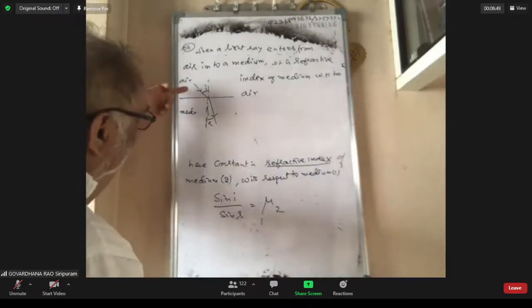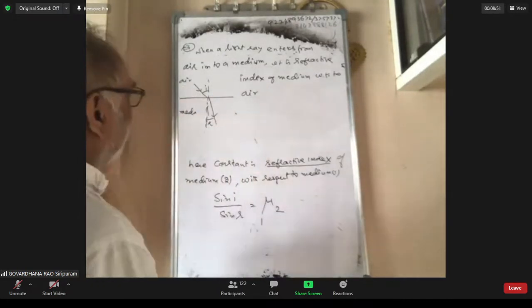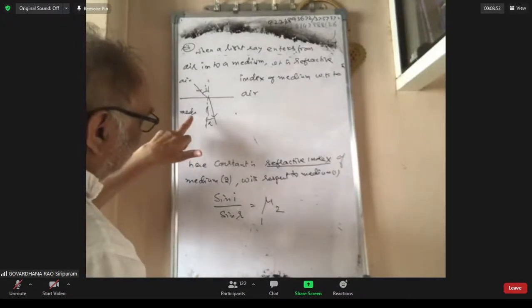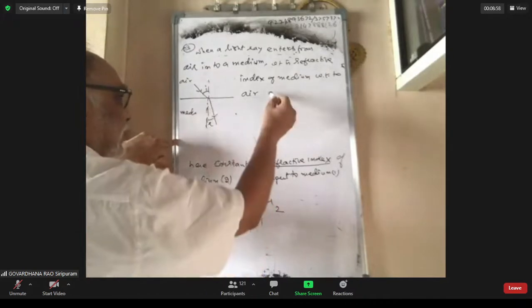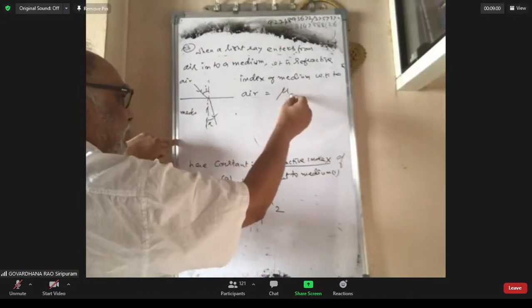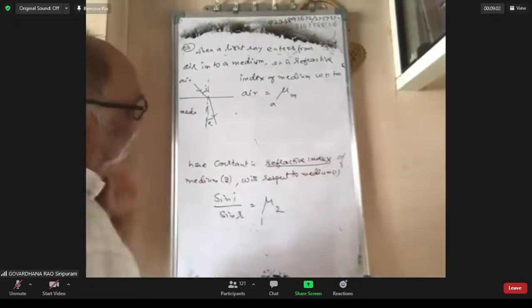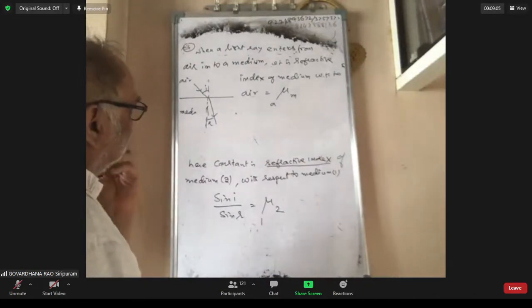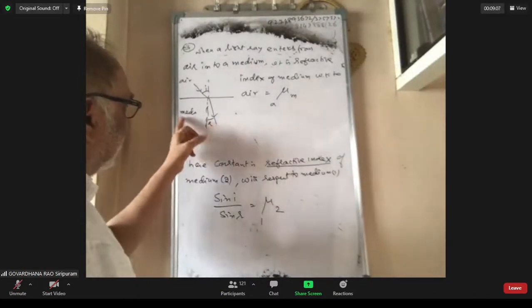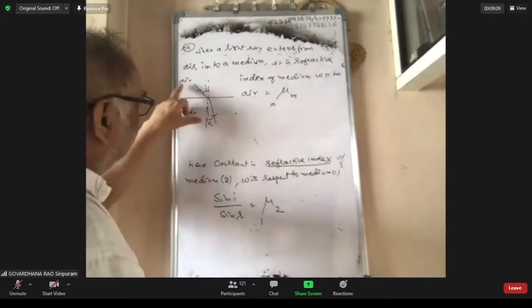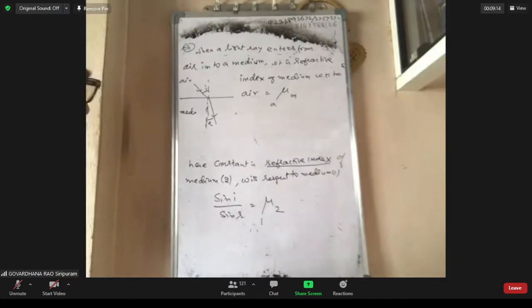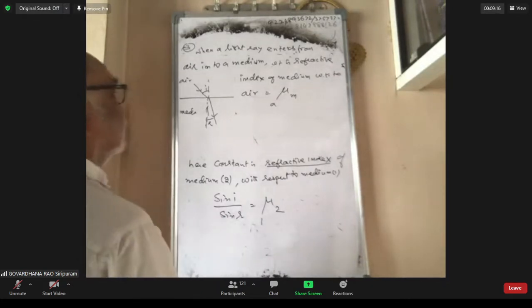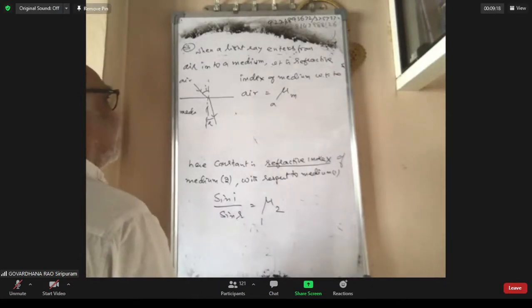Whenever light is coming from air into medium, it is called refractive index of medium with respect to air. It is denoted by the symbol μ_m^a. The refracted rays are in medium, incident rays in air.